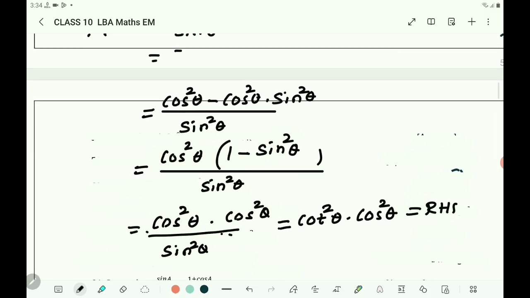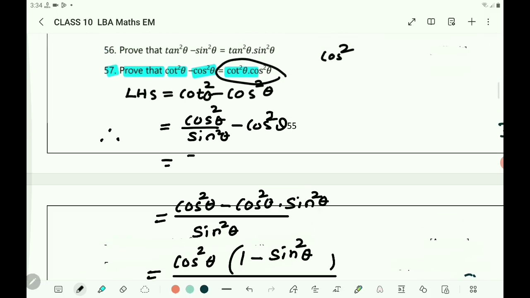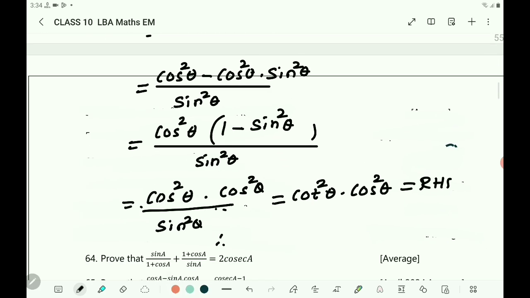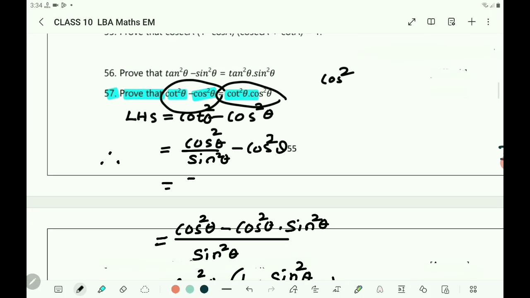Therefore you got cot square theta minus cos square theta equals cot square theta into cos square theta. LHS equals RHS you got.